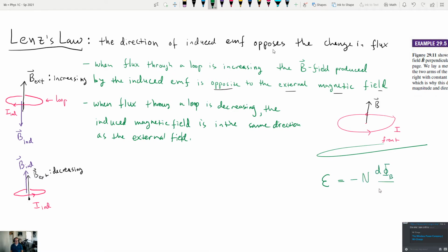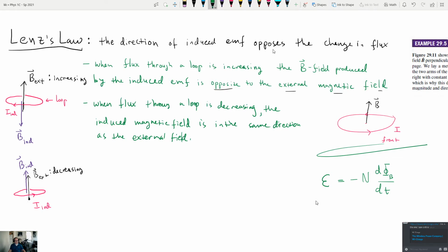When dΦ/dt is positive, you get a negative sign here. When dΦ/dt is negative, negative, negative, you get a positive sign. That's how it works. And that's what the negative sign means. Now, after having said all of that, that means that you don't really need to use the negative sign if you don't want to, right?